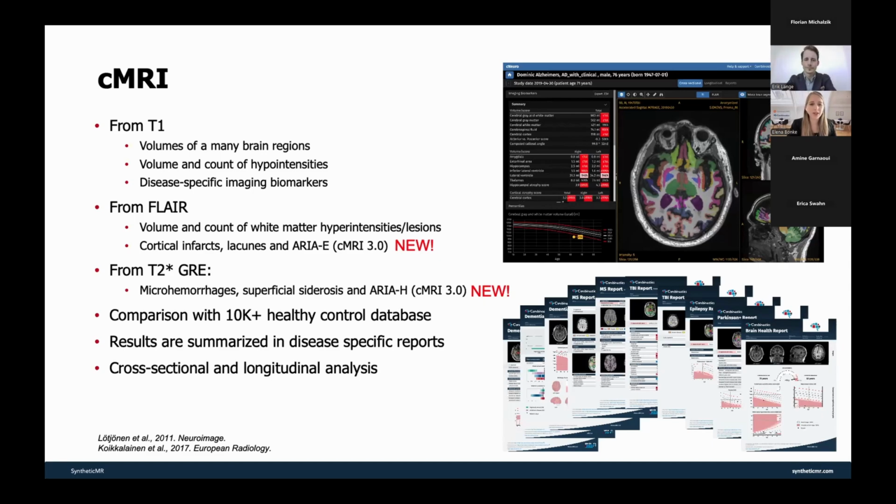From T2 star gradient echo images, we can quantify microhemorrhages and superficial siderosis, as well as the long-term monitoring of ARIA-H side effects. We not only compute the absolute volumes, but we always compare the data with a healthy control database of more than 10,000 people, and we can do the comparison both cross-sectionally, but then also longitudinally.